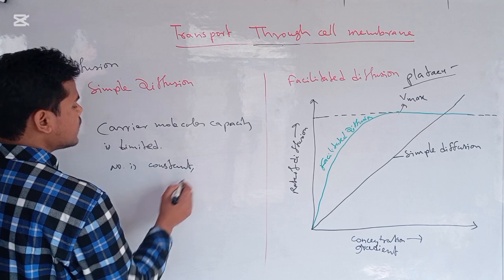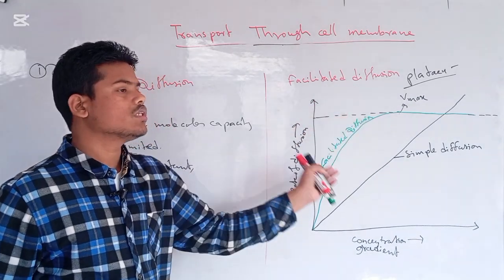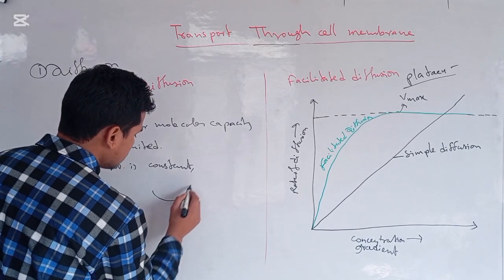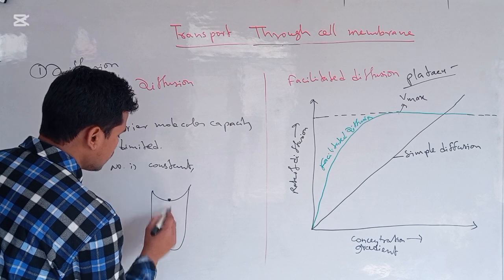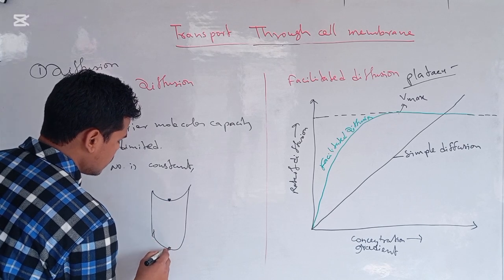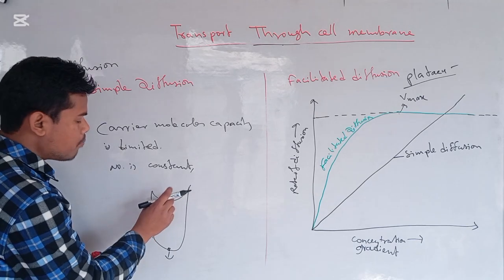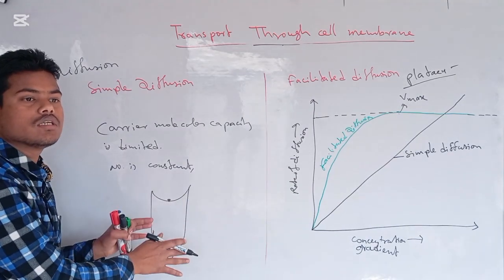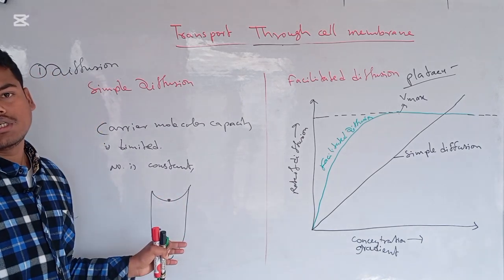The number is constant, and its transporting capacity is limited. What happens in carrier molecules? Let's suppose this is a carrier protein: here a molecule will bind, and from here it will be released. Like binding and releasing, the rate of conformational change is of limited capacity.